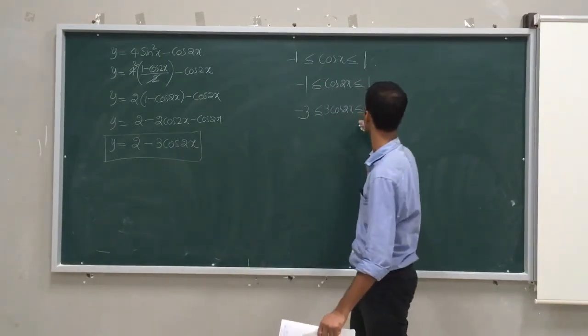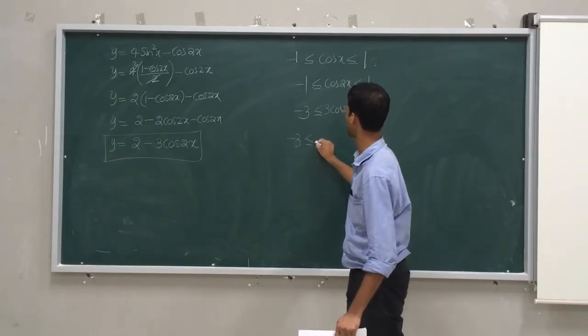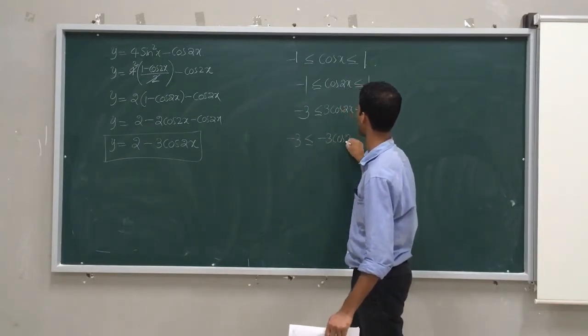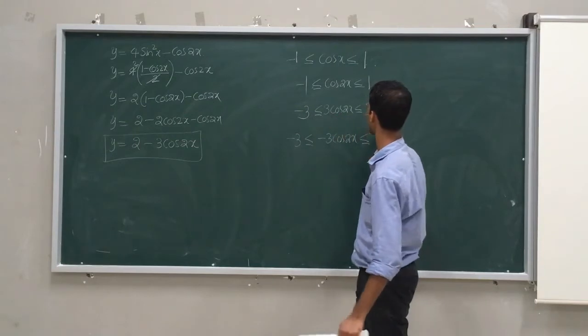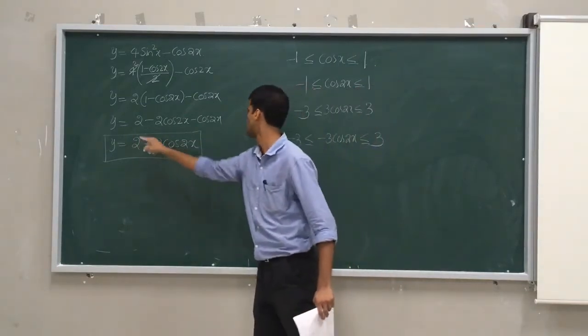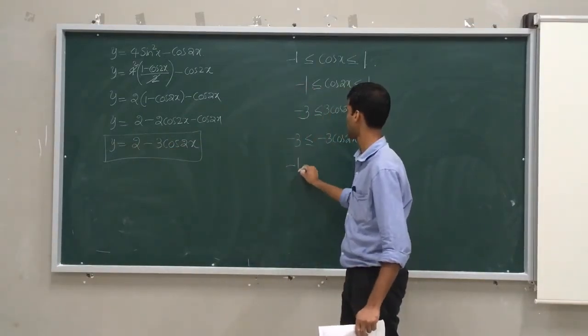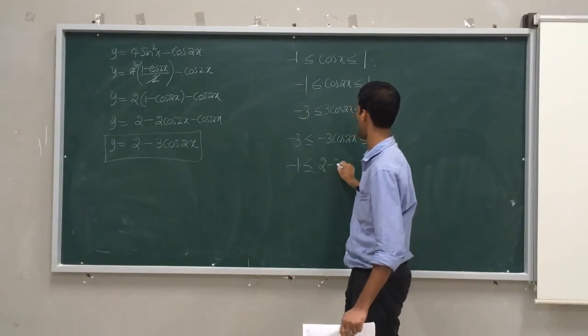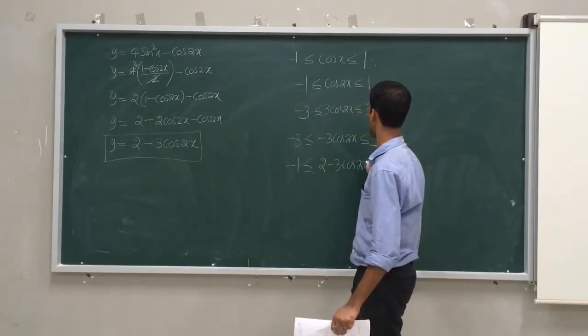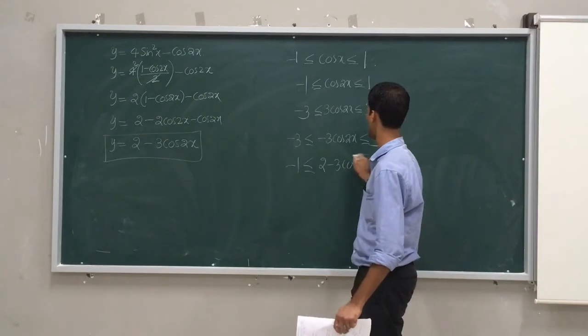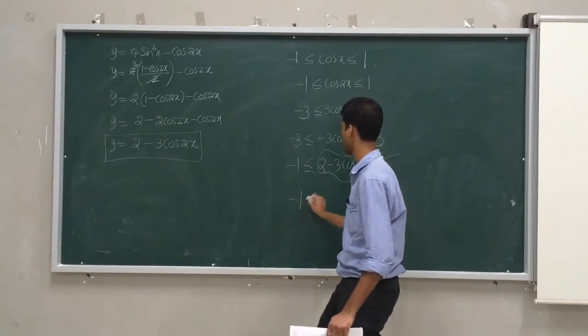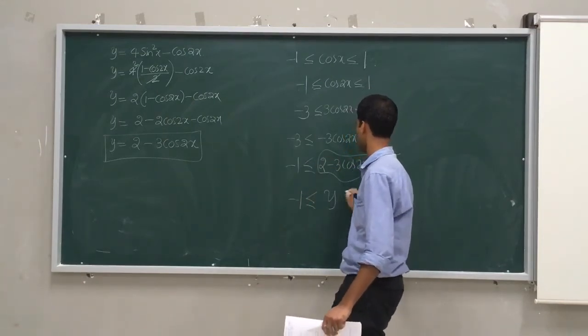When you multiply by minus, minus 3 less than or equal to minus 3 cos 2x less than or equal to 3. Now add 2: 2 minus 3 is minus 1, and 2 plus 3 is 5. This is the simplified form of my question.